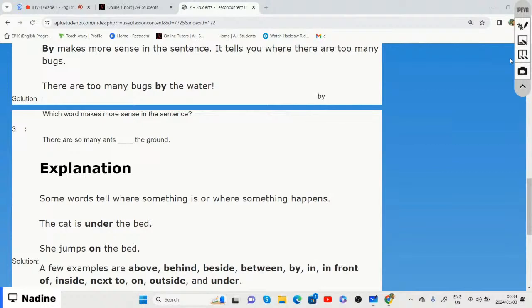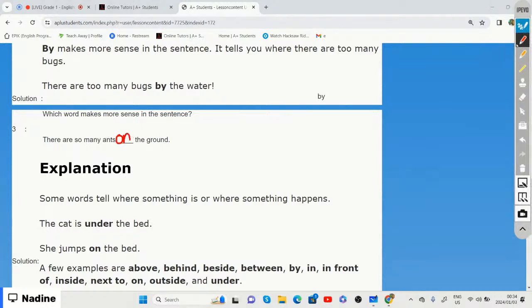And we can say there are too many ants on the ground. So the word on is a preposition to tell us where there are too many ants. So they are on the ground.